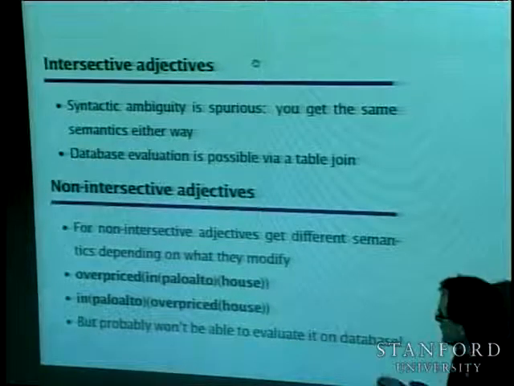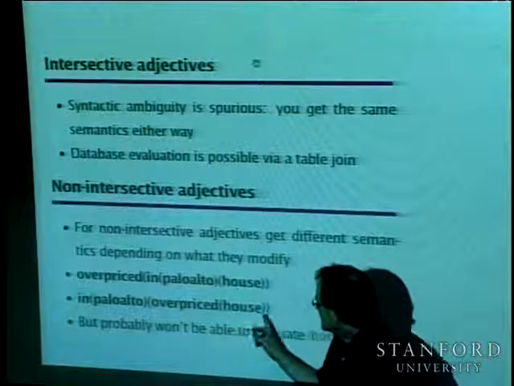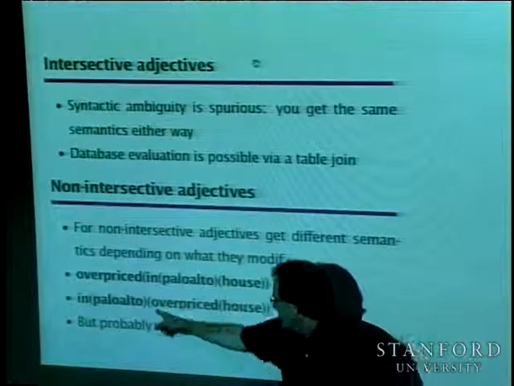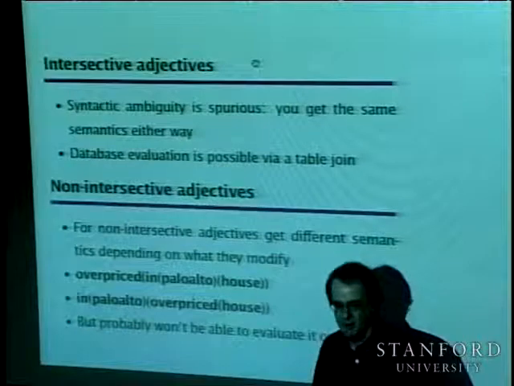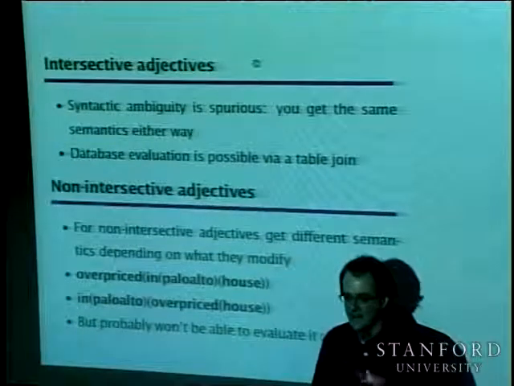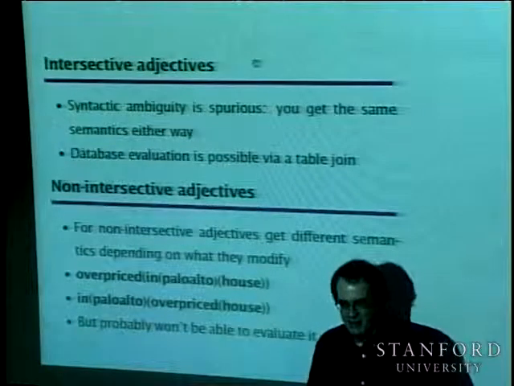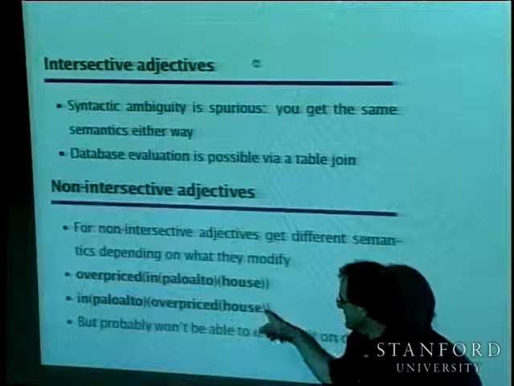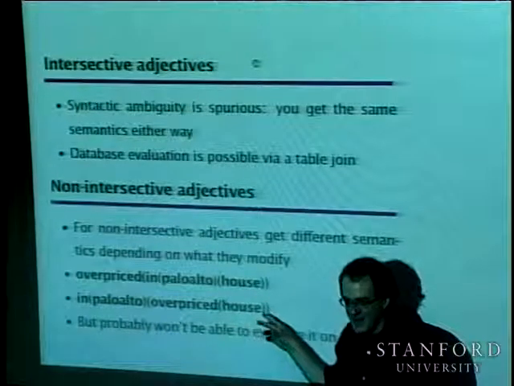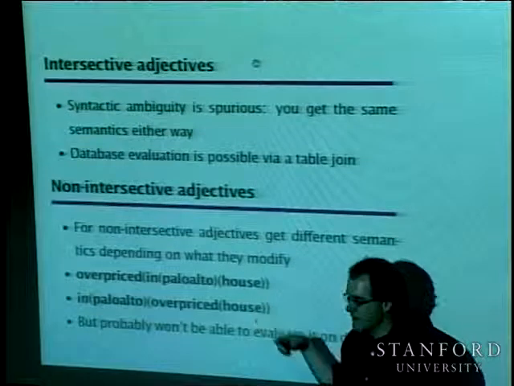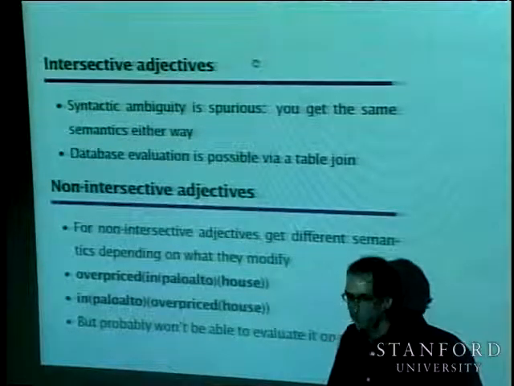So you can have one semantics for an overpriced house that's in Palo Alto, which is a kind of global scale of what's an overpriced house. Using these semantics, every house in Palo Alto qualifies as an overpriced house by global standards.